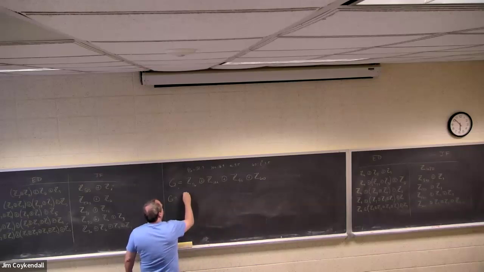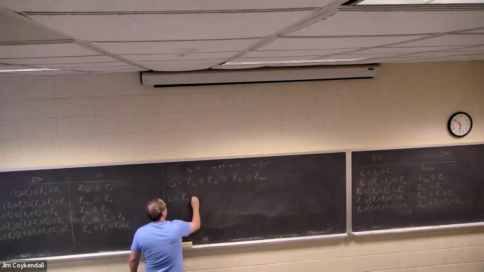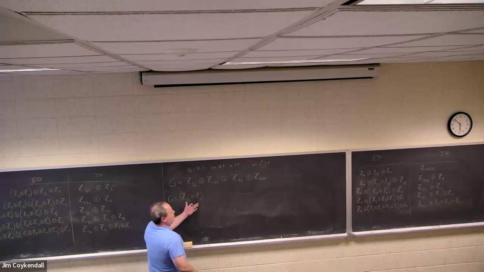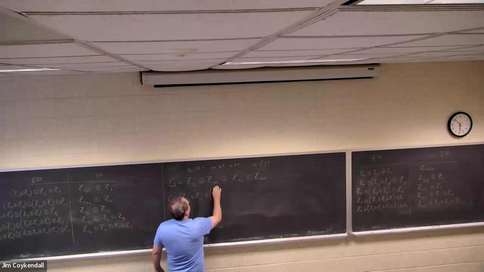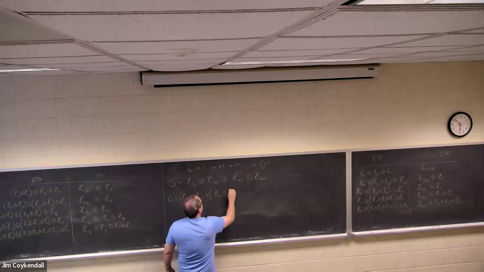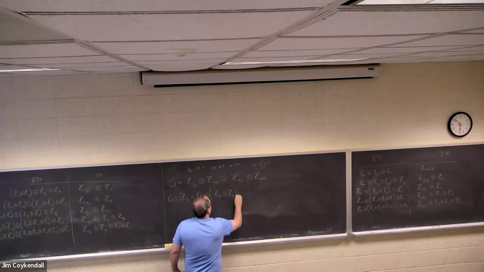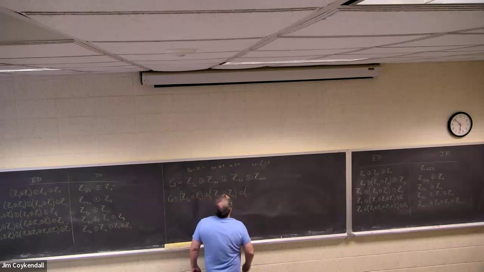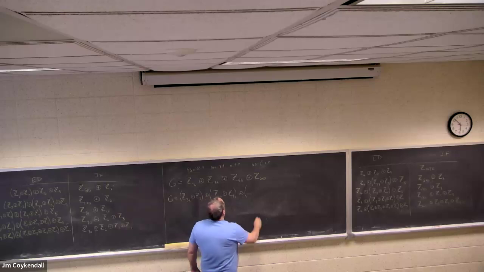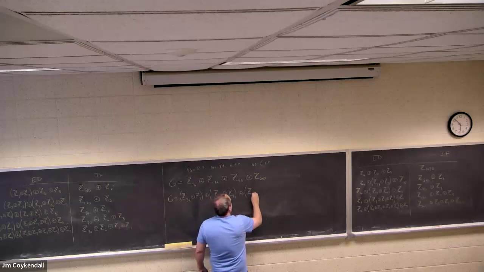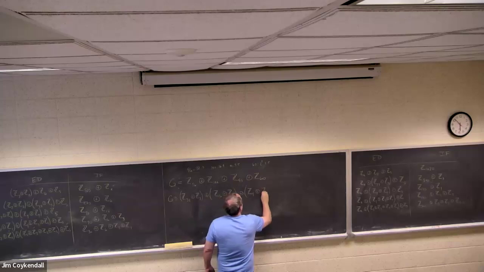I can pull apart C96 as C32, direct sum C3. C144 is C16, direct sum C9. 45 is C9, direct sum C5.